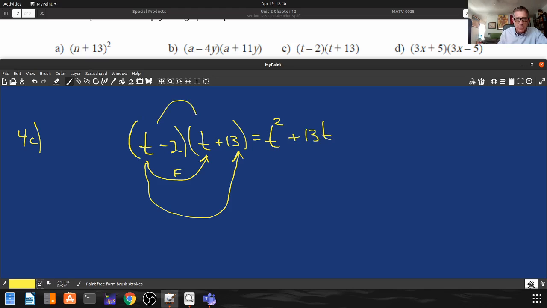My inner term is minus 2t, and my last terms is minus 2 times 13, which is minus 26. So all I have to do again is collect like terms and simplify the middle terms here. So I get t squared, 13t minus 2t is plus 11t, minus 26.